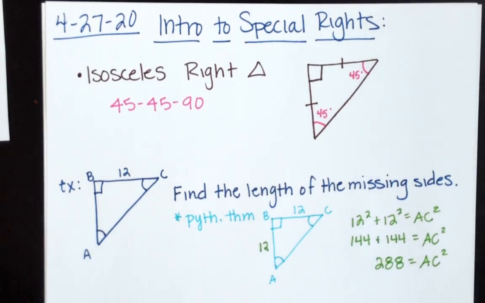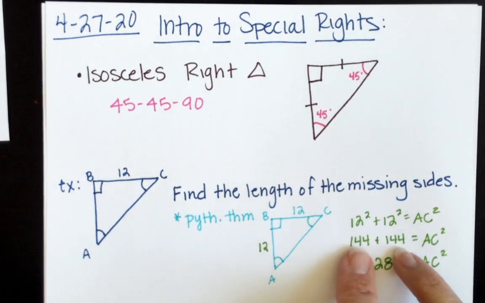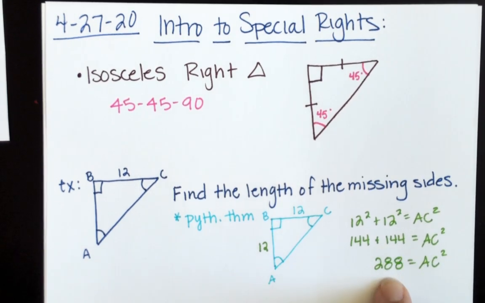And again, I am certain you are fully aware that there is 0 opportunities for decimals. So hopefully it does help that it does have the 144s up here, and so 2 times 144 would have been 288. So when I take the square root of both sides, 12 radical 2 is going to be our length for AC.